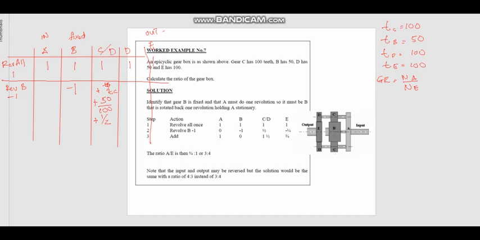The number of rotations and the direction will be the same between C and D because they are attached with a fixed shaft. So I can erase this, and this will be E.